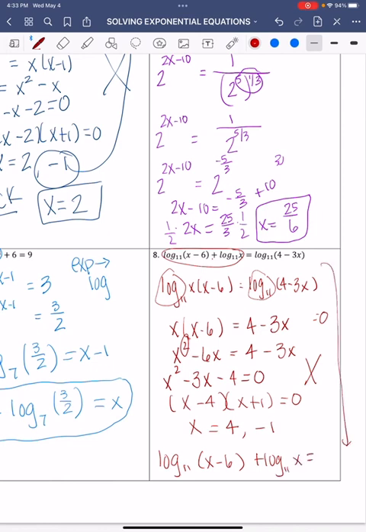Okay, if you plug in 4, so if you make this 4, negative, can't happen. If you plug in -1, can't happen. No solution. And that's that.